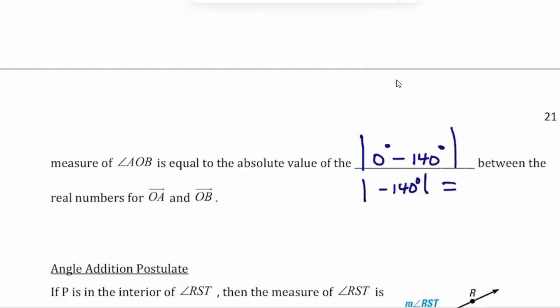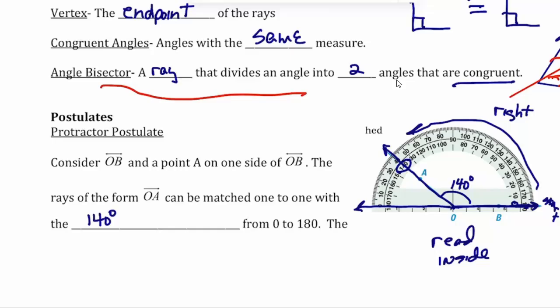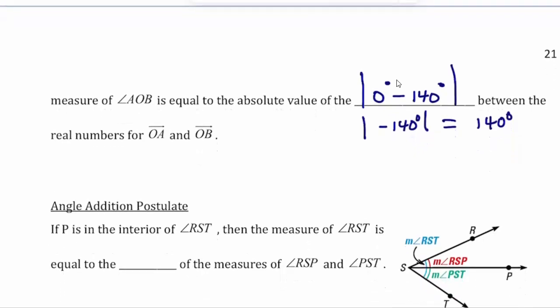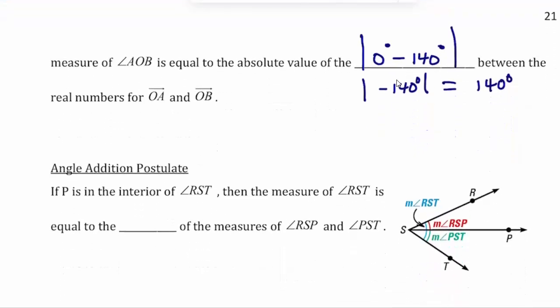Now you can drop the absolute value since you have completed your math, and that's going to be 140 degrees. So we just took the 0 here, took the 140 here, and subtracted those two values in an absolute value. Okay, so let's keep going.